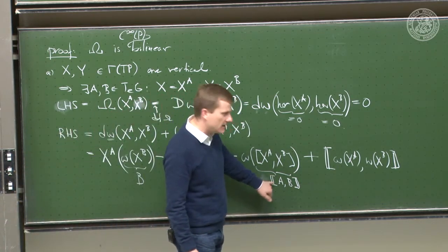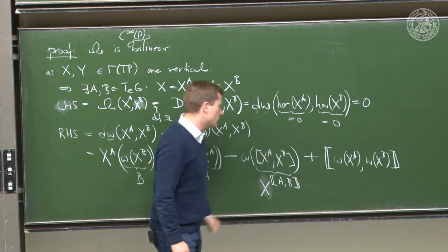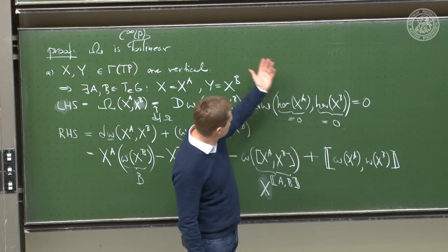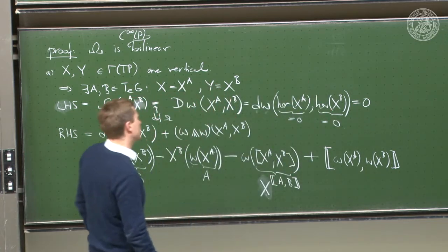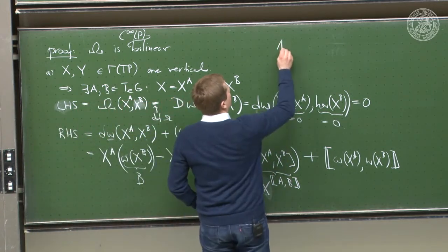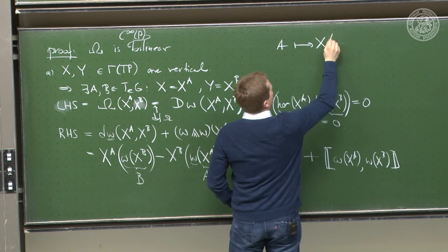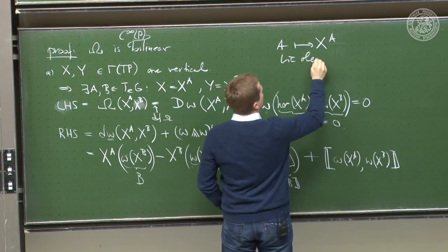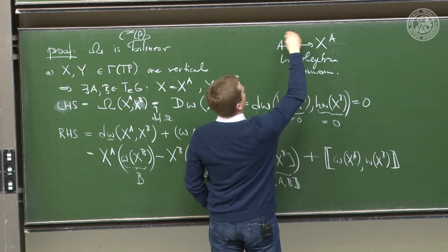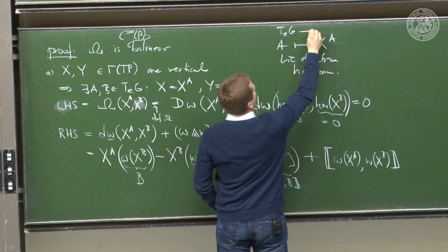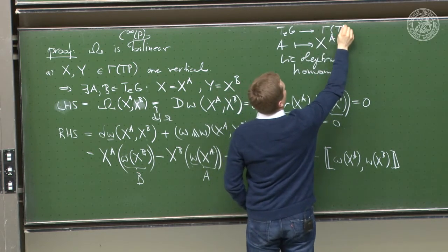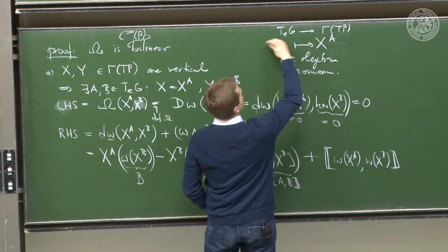This A sent to X_A sends a Lie algebra element to a Lie algebra element, but the first Lie algebra it comes from is the Lie algebra of the group, and the other one is the Lie algebra of all the vector fields. And so this A sent to X_A is a Lie algebra homomorphism, and so it goes from the Lie algebra of the group to the Lie algebra of all vector fields Γ(TP).